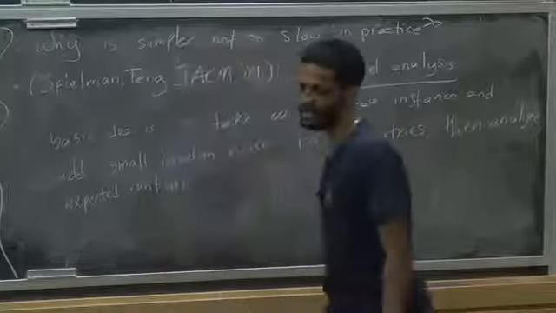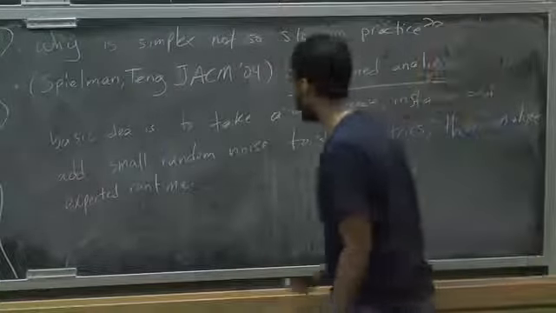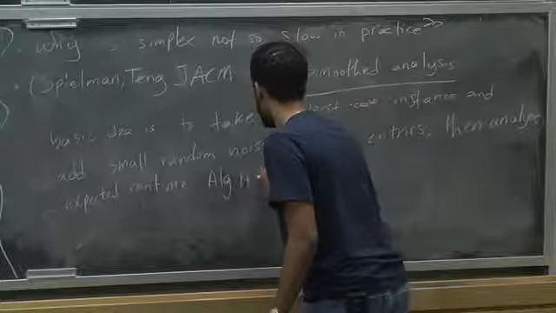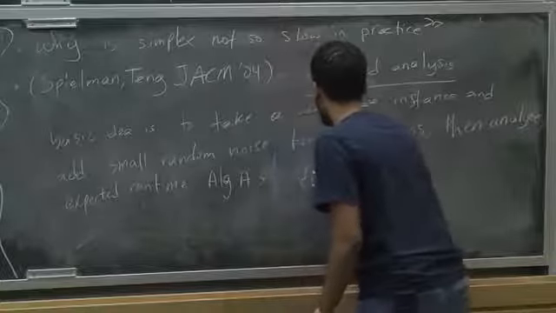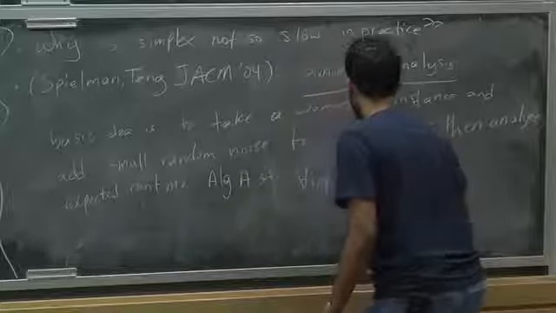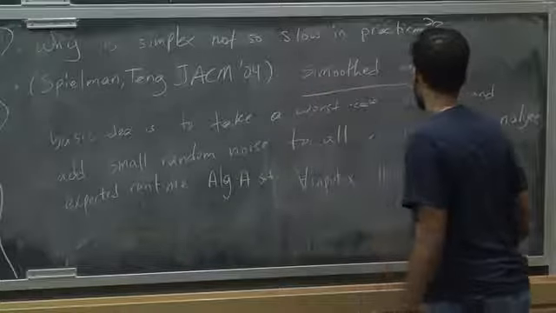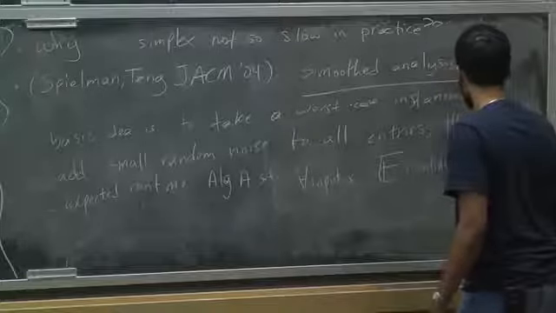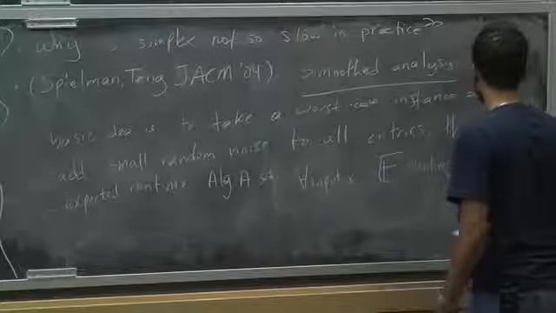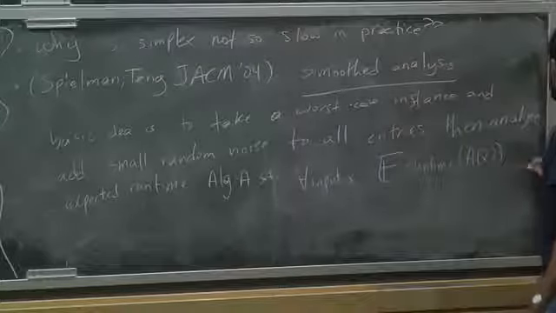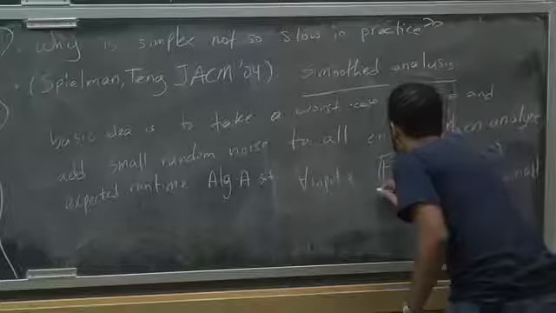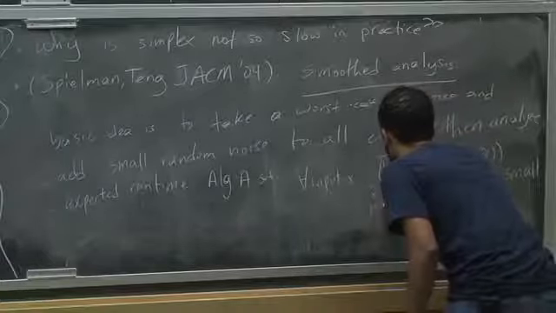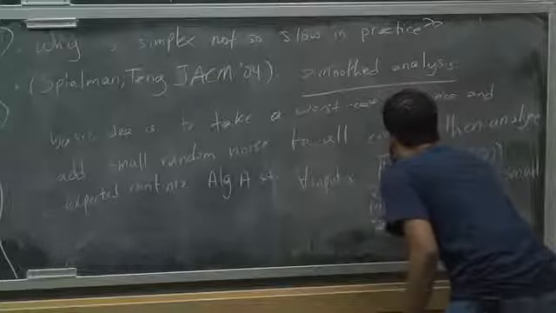Just to make sure we're all squared away on the quantifiers, it says that we have an algorithm A such that for all inputs x, the expected runtime of, let's say, A on input x tilde is something small, where the expectation is over x tilde, a randomly perturbed version of x.